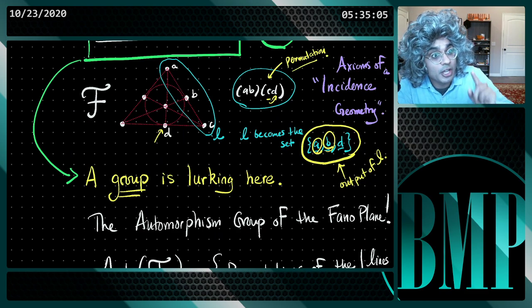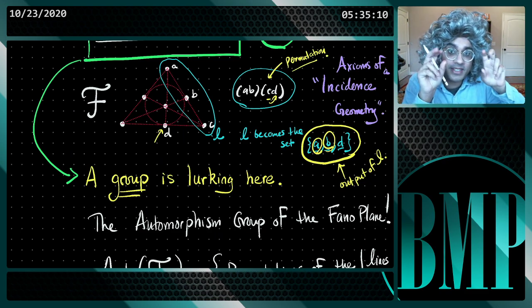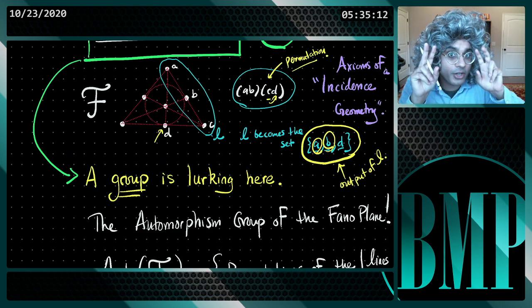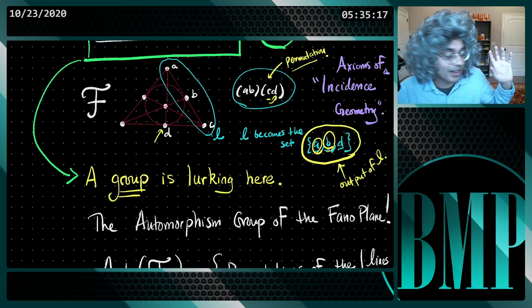Right, Sloth, exactly. But that subset is not a line. These 3 points are not collinear, according to the definition of the Monoplane.